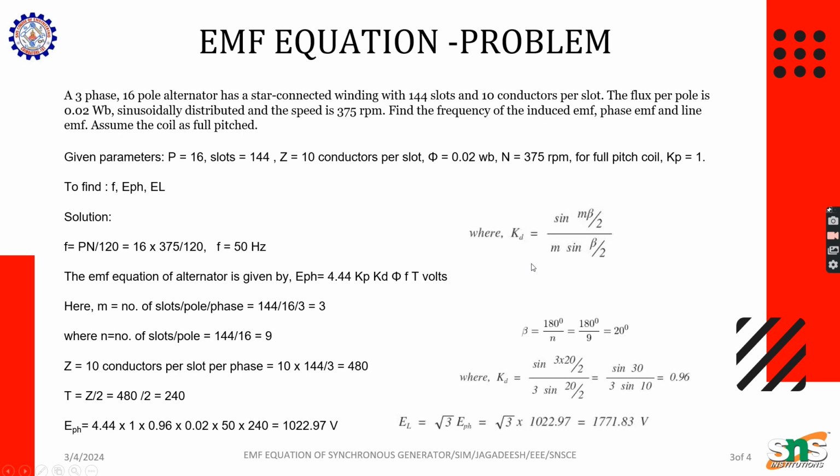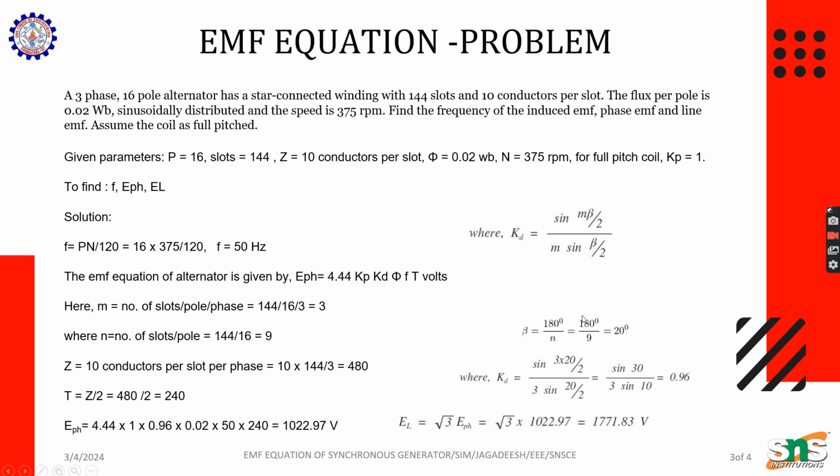To calculate kd there is another parameter called m, which is the number of slots per pole per phase. The number of slots here is 144, the number of poles is 16, and it is a three-phase alternator as mentioned in the question, so we get a value of 3.